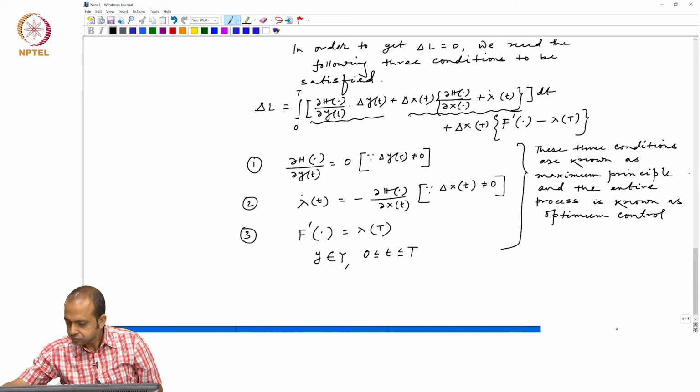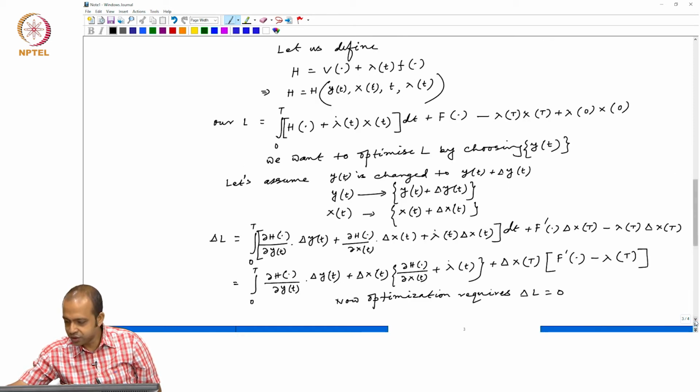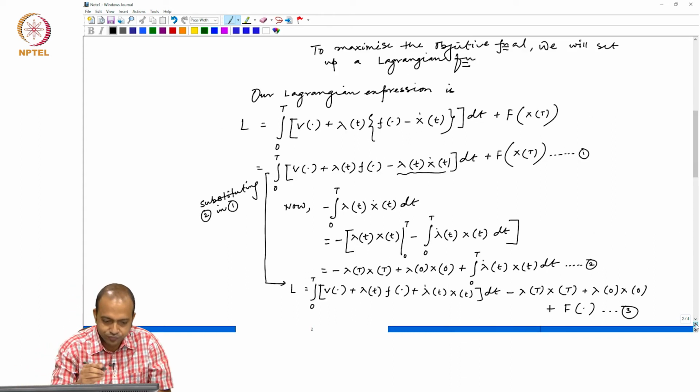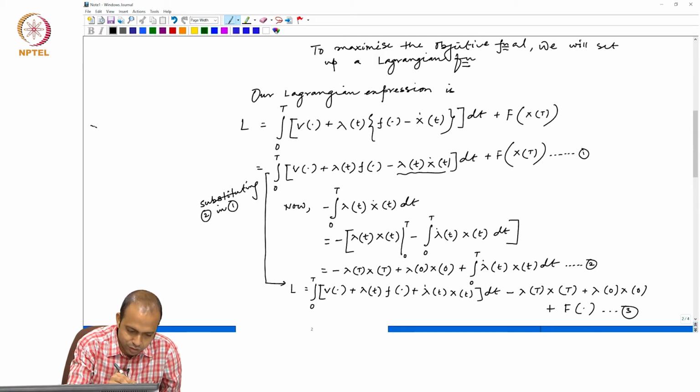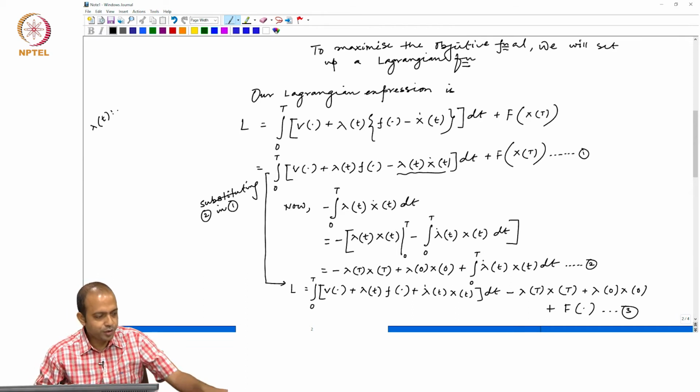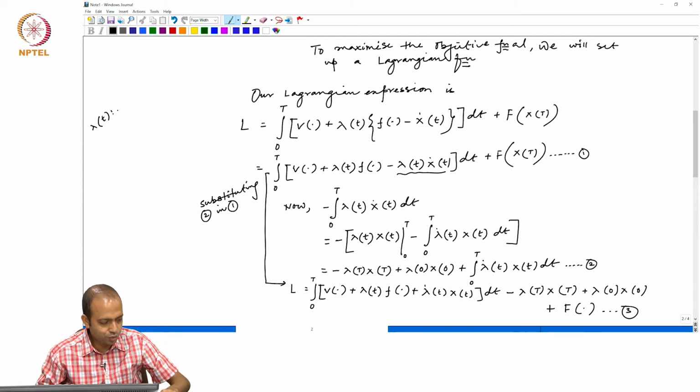Now, when we have set the Lagrangian, I said that we have to discuss the economic interpretation of this lambda t. How will you interpret this lambda? That is something we need to discuss.